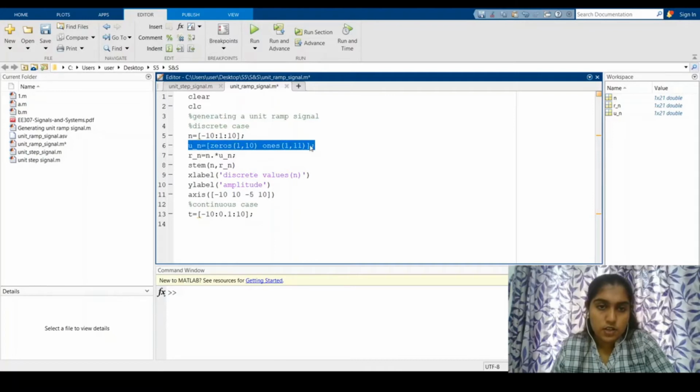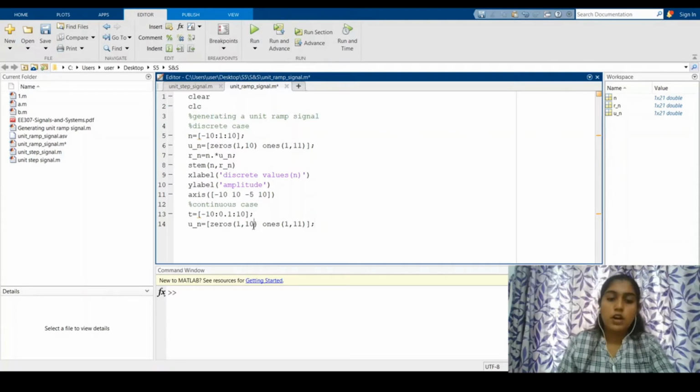We can just give the same for the unit step signal. So here the number of zeros will be varied because in the discrete case we had given 1 as the space between -10 and 10, but here it is 0.1, so hence you'll be having about 100 zeros and 101 ones. So u of n is like that.